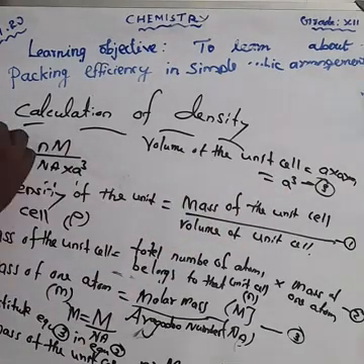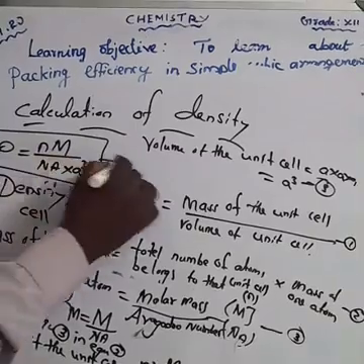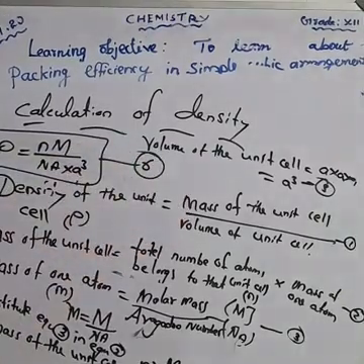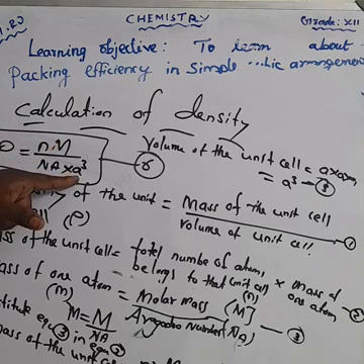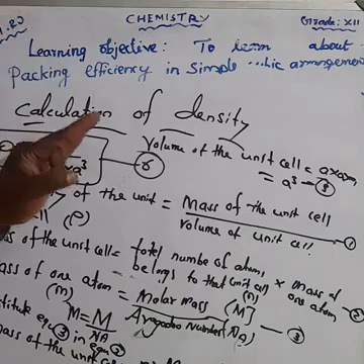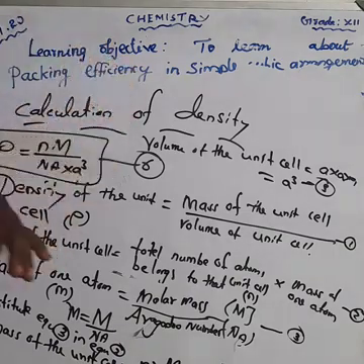This is equation number 6, the density calculation. This equation 6 contains 4 variables. What are they? rho is one variable, n is another, capital M is another, and a is another. If any 3 variables are known, we can calculate the 4th one.